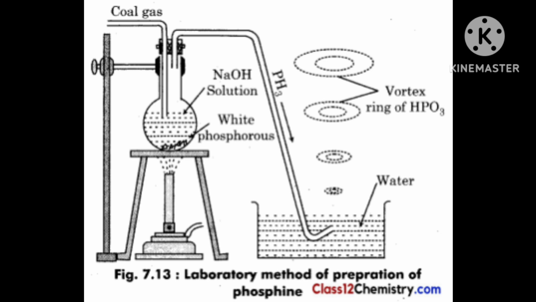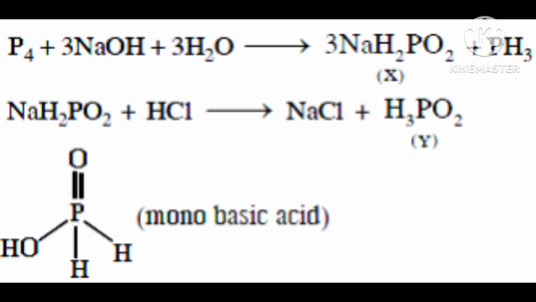PH3 plus HBr forms PH4Br, phosphonium bromide, just like NH3 plus HI gives NH4I. In the same way, PH3 plus HBr gives PH4+ and Br-, phosphonium bromide. This is the reaction property of PH3.